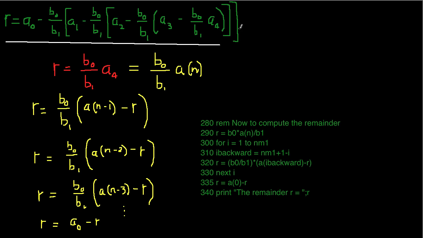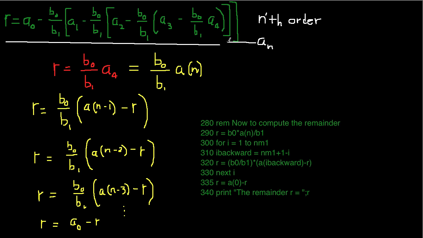In general, if I'm dealing with an nth order polynomial, the largest coefficient is going to be an. So I'm going to assume here that this formula that I have developed in fact works for higher order polynomials.